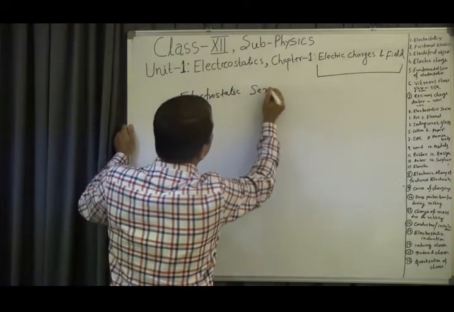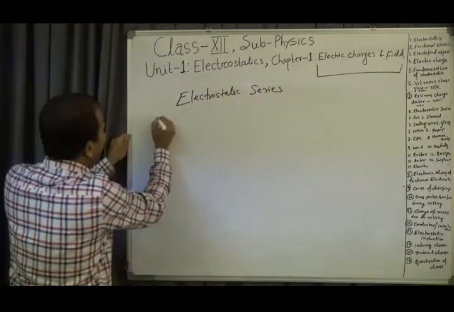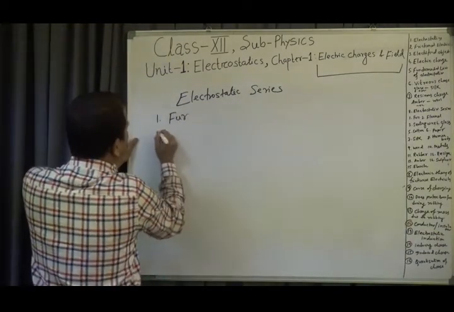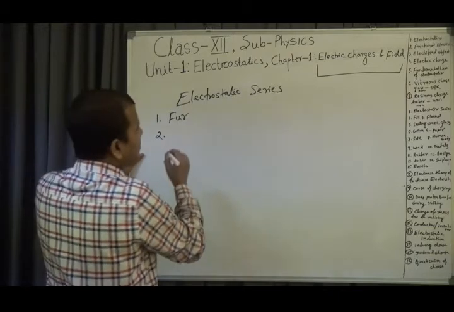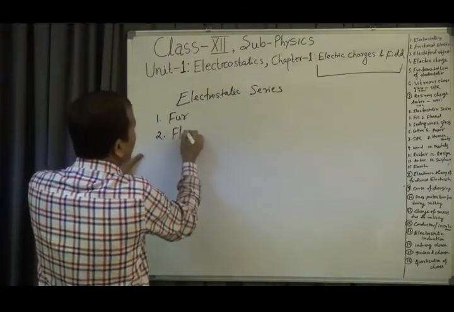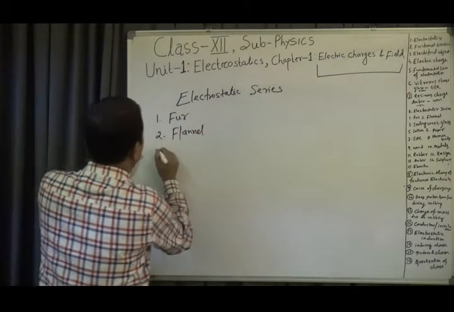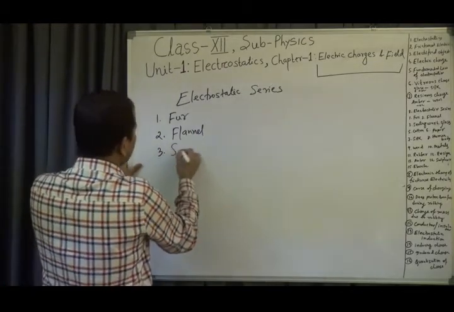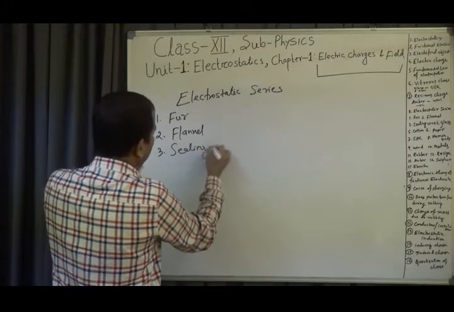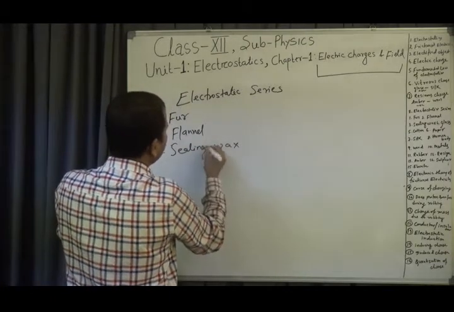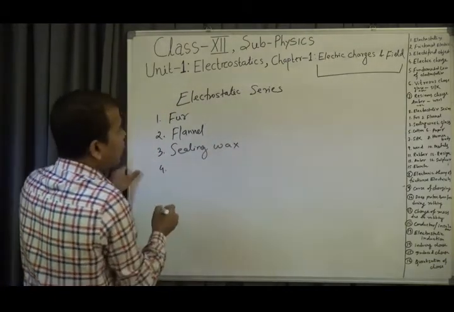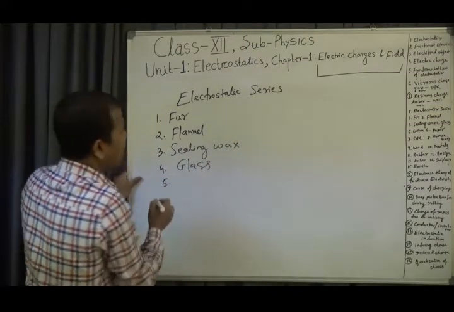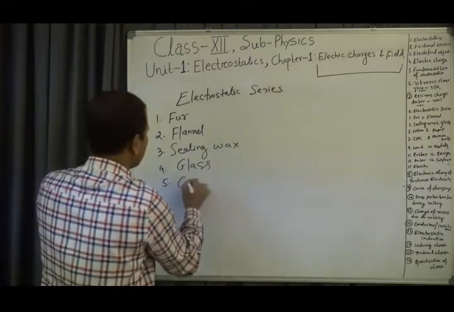Electrostatic series. Number 1, fur. Number 2, flannel. Number 3, sealing wax. Number 4, glass. Number 5, cotton.